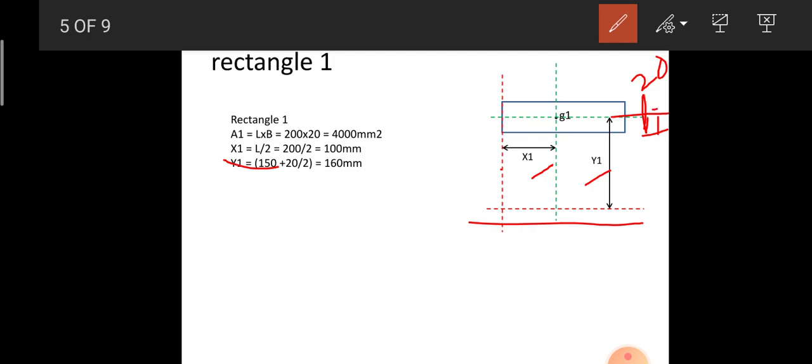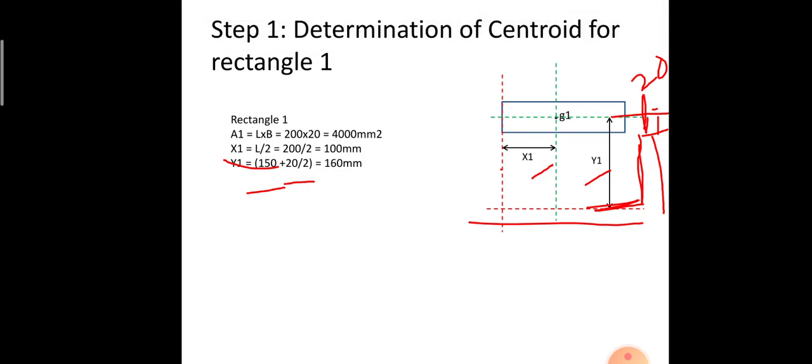So until here we get 10 mm, but our reference axis is until here, so we need to add the remaining distance. So 150 is the remaining distance from here to here, and then 20 by 2 is the individual centroidal distance in the vertical direction. So 150 plus 20 by 2 is the value of the vertical centroidal distance.